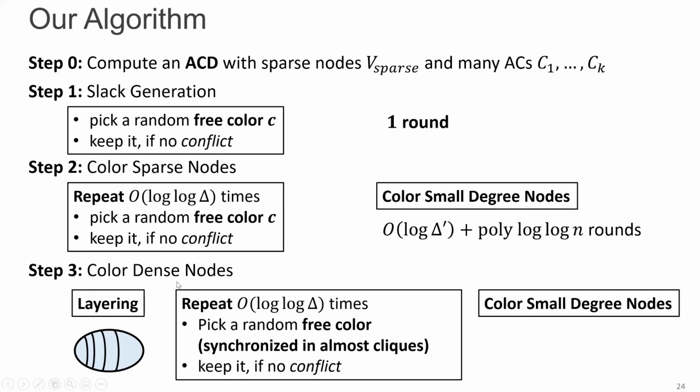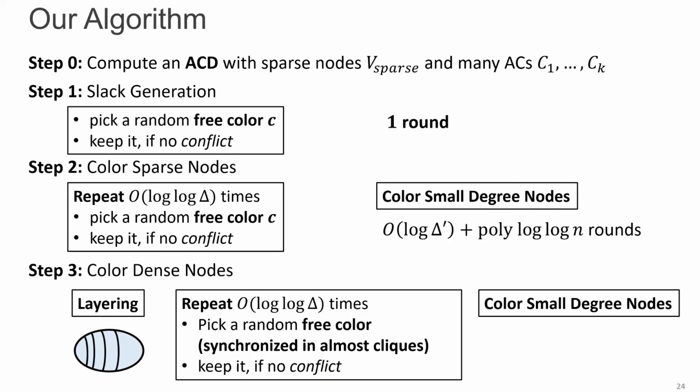And then we color the dense nodes, where we process each almost clique by layers. Many of these almost cliques are processed at the same time. And when dealing with one layer, we just repeat for log delta times these synchronous color trials, which very quickly bring down the degrees between different almost cliques.